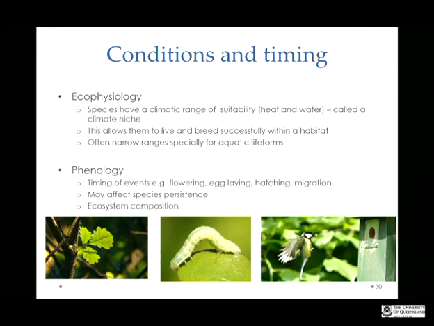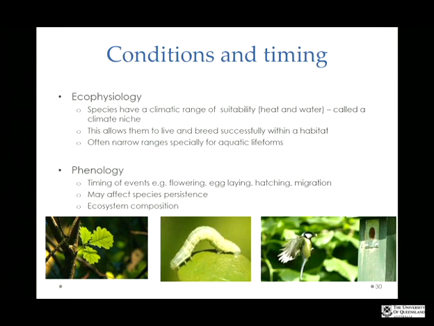And phenology is to do with the timing of things. So when things flower, when eggs are laid in relation to when insects are hatching for birds, when species migrate. So if they migrate up to the Arctic from the warmer parts of the world, are those systems that they rely on to get to the Arctic and to then feed when they're in the Arctic still the same, or will they change over time and differentially from the bird?